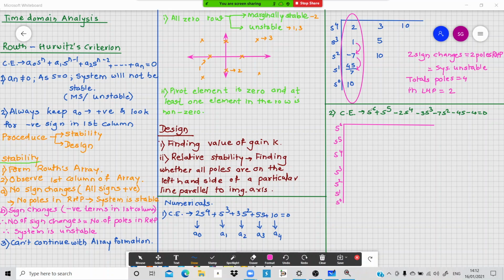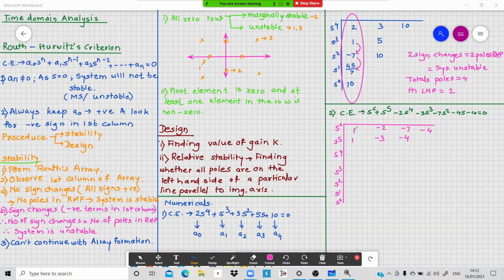Okay. So odd, even ones. 1, minus 2, minus 7, minus 4. Okay. 1, minus 3, minus 4. Now I'll not keep on writing the elements, just see. This into this divided by this.